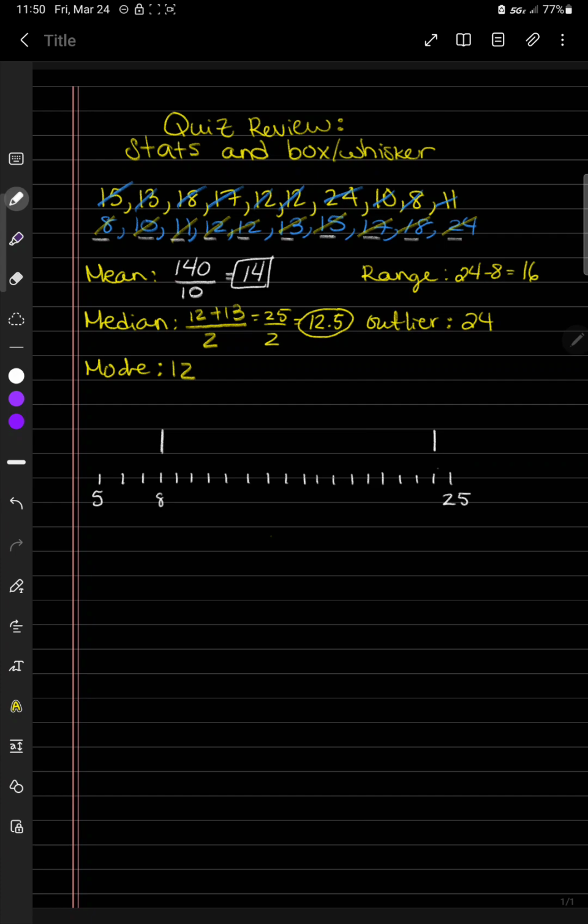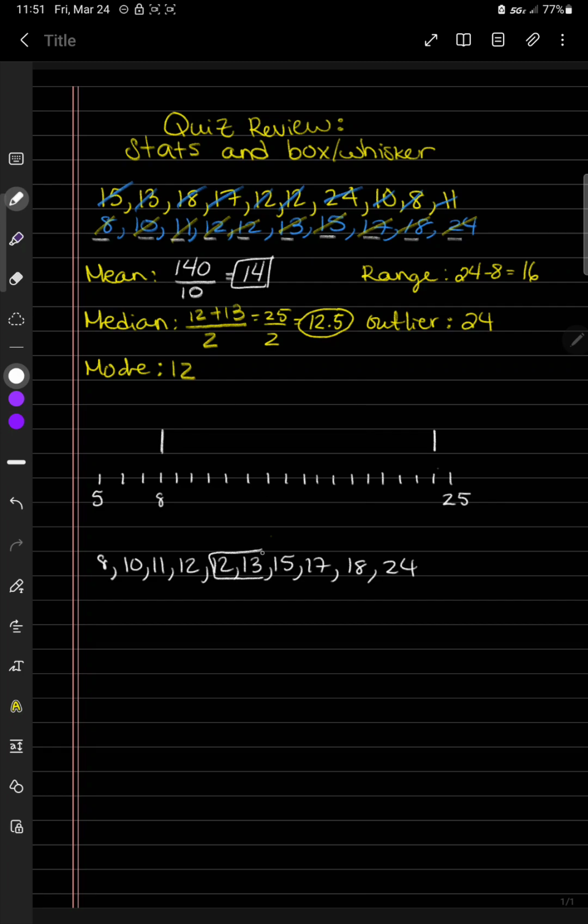And then we want to take the lower median and upper median. So I'm going to rewrite my numbers in order. We had 8, 10, 11, 12, 12, 13, 15, 17, 18, 24. So our median, which we already did, was 12 and 13.